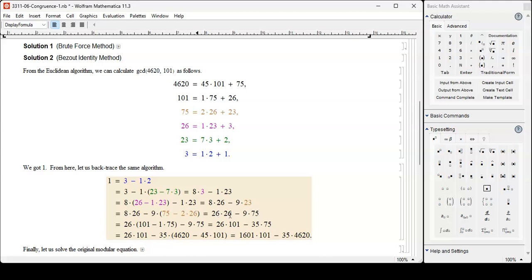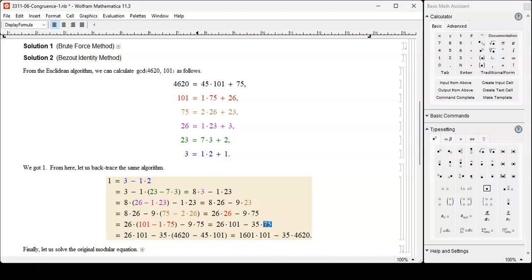Which is smaller? This 26 is smaller, so we use the next line. 26 is 101 minus 1 times 75, so this 26 is replaced by that. And then simplify.